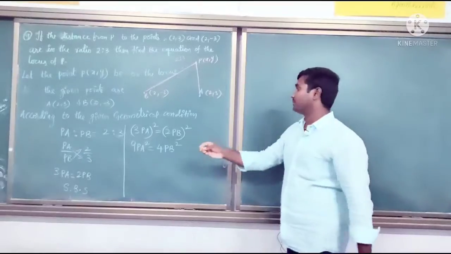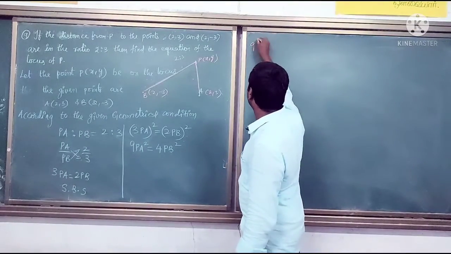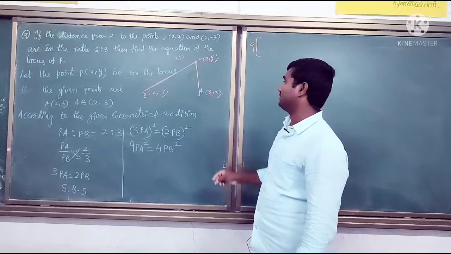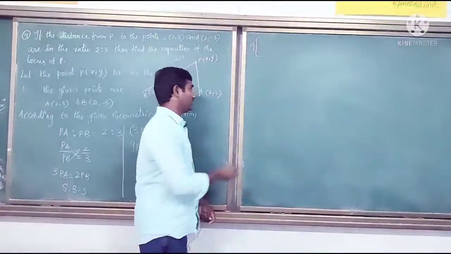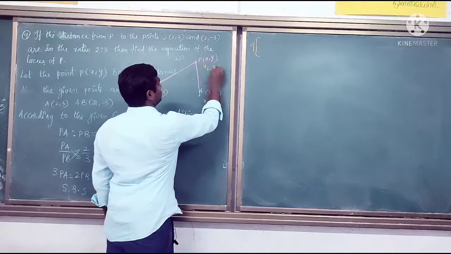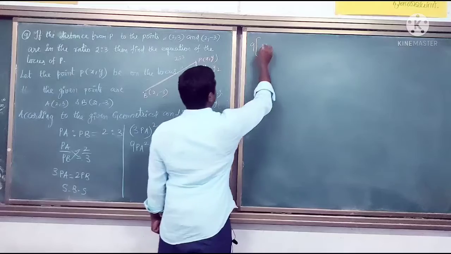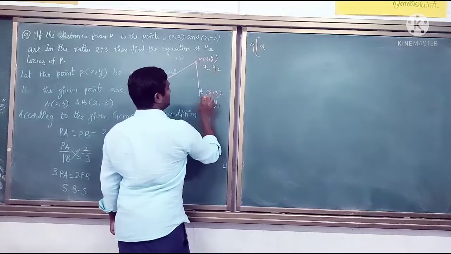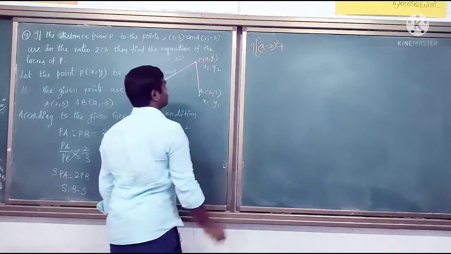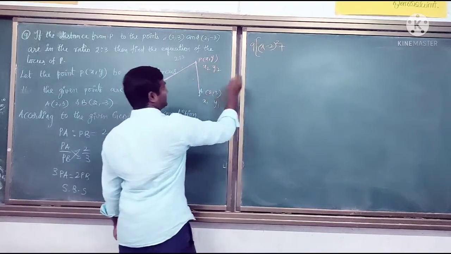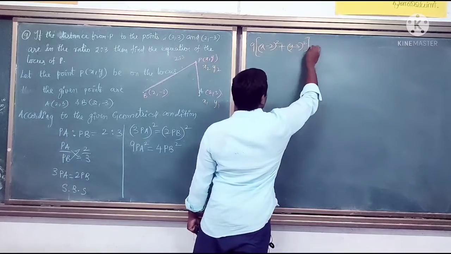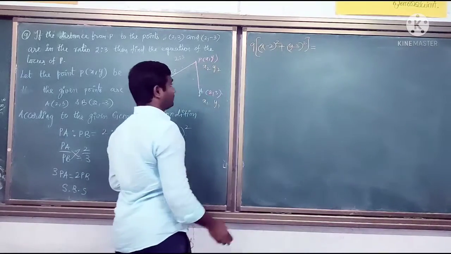So I am writing here 9 into PA square. For PA, you can assume x1, y1 and x2, y2. So (x2 - x1) is (x - 2) whole square plus (y2 - y1) is (y - 3) whole square, equal to 4 into PB square.